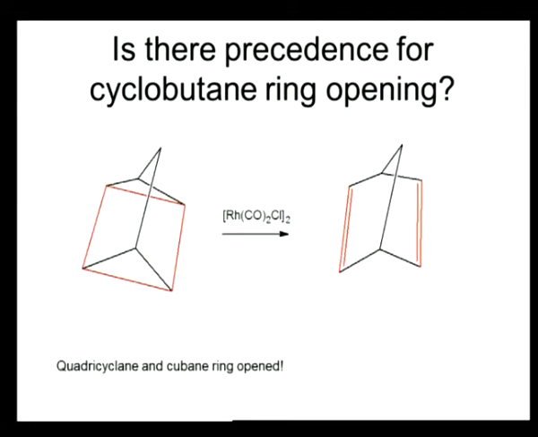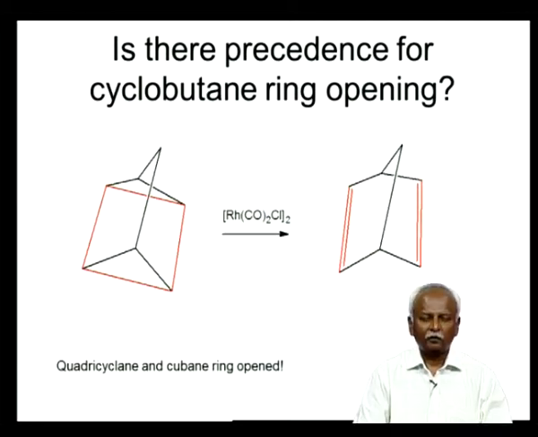And if one imagines the interaction of rhodium with the quadricyclane, the cyclobutane ring, which is marked in red, if that ring interacts with rhodium, then the ring opening would lead to norbornadiene.